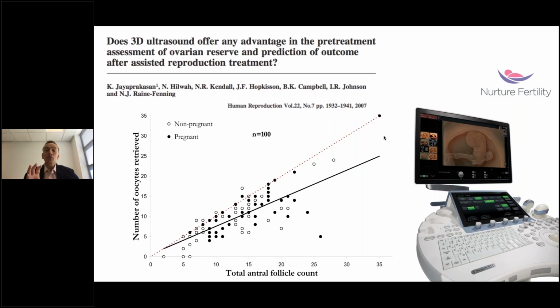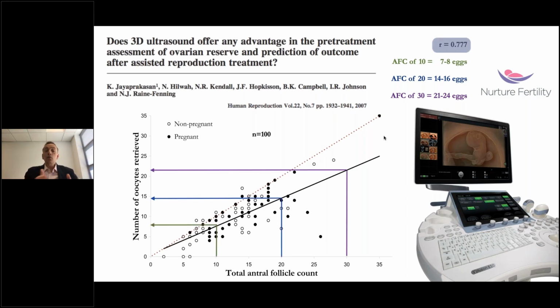But we want to be able to titrate the predicted ovarian response to the number of eggs. So what we notice when we use 3D is we have this range of about 0.77. So that means if we've got 10 follicles, we'll get around 7 to 8 eggs. If we've got 20 follicles, 14 to 16, and 30, 21 to 24, based on about a 70% yield.